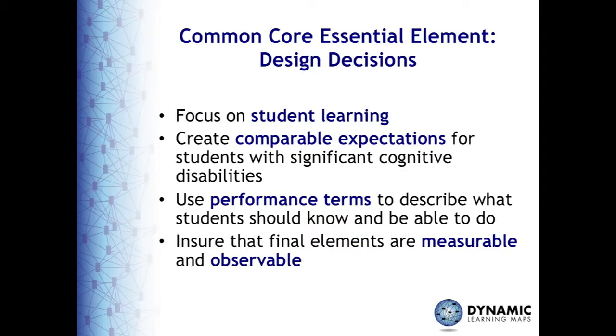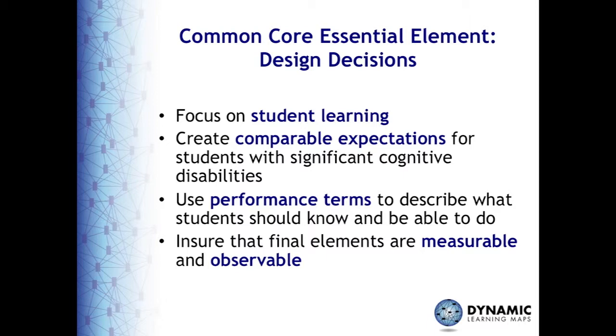As in the development of the Common Core state standards, the process of developing the essential elements involved important design decisions. First and foremost, authors of the essential elements had to focus on student learning. For more than a decade, we have talked about providing students with significant cognitive disabilities with access to the general curriculum. But in this effort, our focus extends beyond mere access to learning.